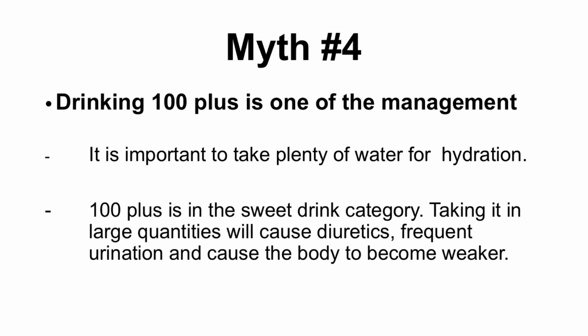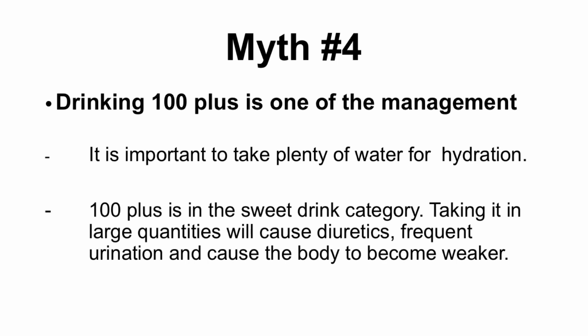This is actually a traditional myth where everybody said that 100 Plus is the management of dengue fever. Actually 100 Plus is isotonic water, but it contains a higher sugar intake.